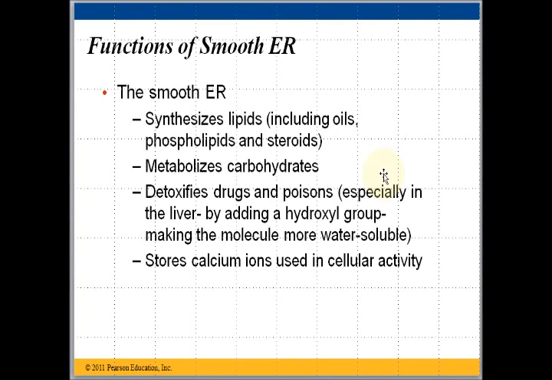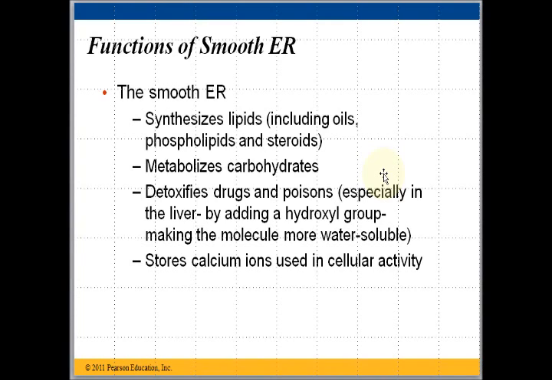Those are created in the smooth ER in portions of the body. They also metabolize or break down carbohydrates. They also have a job to do with poisons or other materials that the body needs to change or get rid of. So, for example, if you were to drink alcohol, alcohol in and of itself is somewhat toxic to the body.